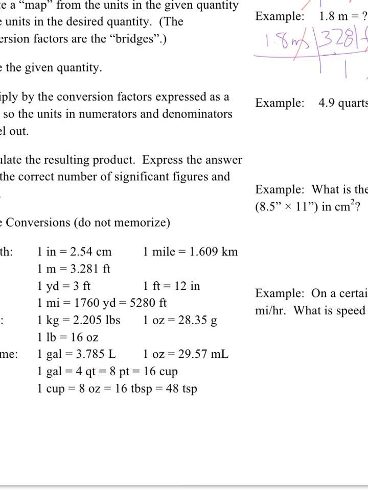Okay, so quarts to gallons, gallons to liters. And then I'm going to add down here because I know that I'm going to go liters is 1,000 milliliters, which is 1,000 cubic centimeters. I think that's right. 1 milliliter is 1 cubic centimeter, if you remember that conversion. So now we have our map set up.